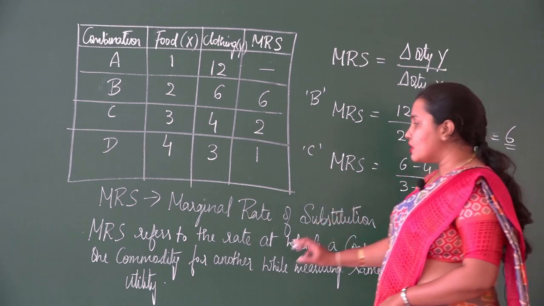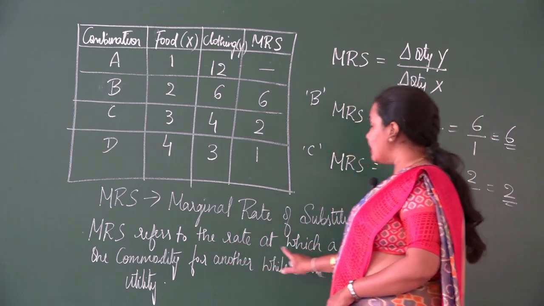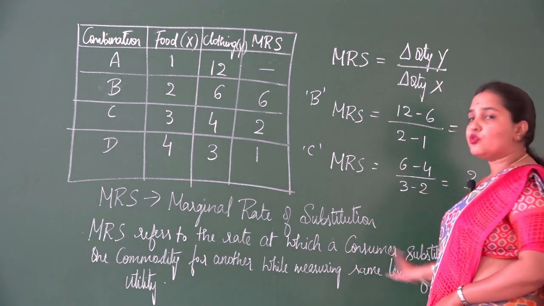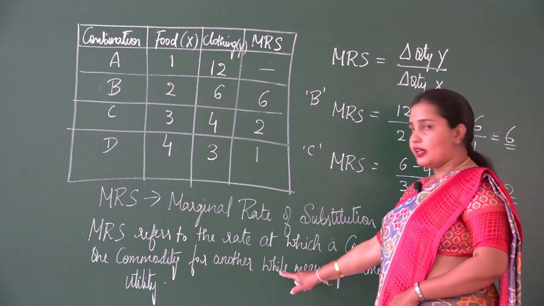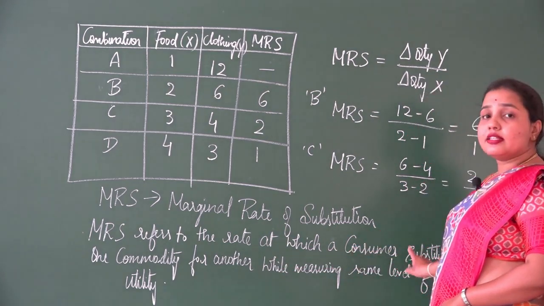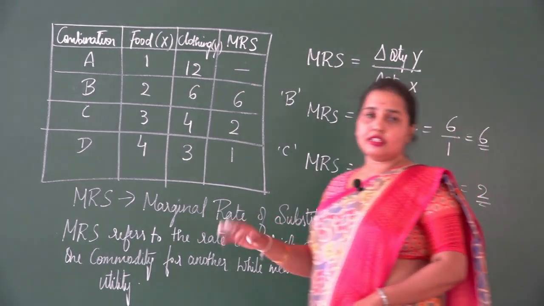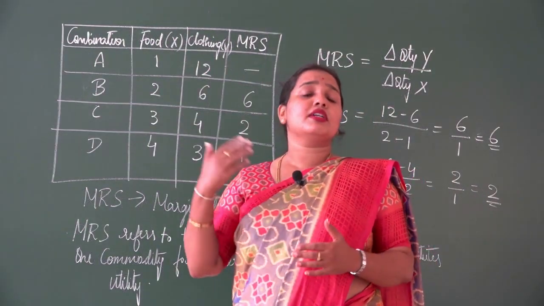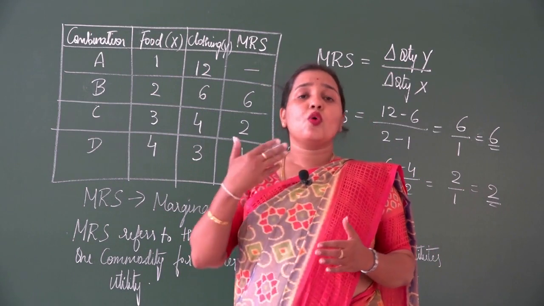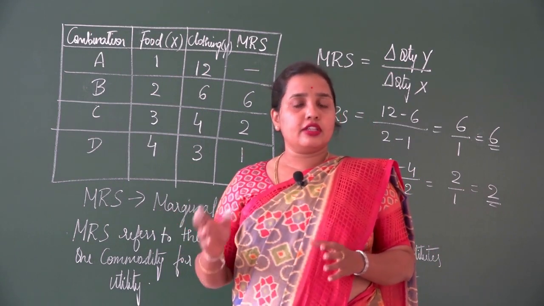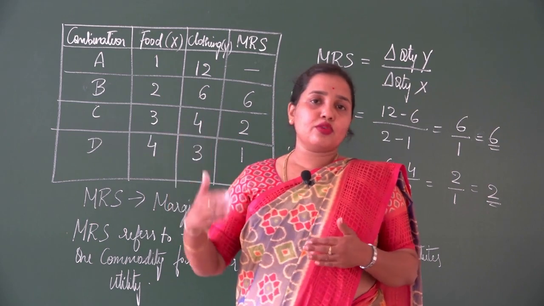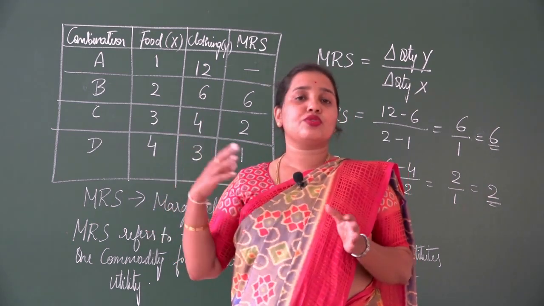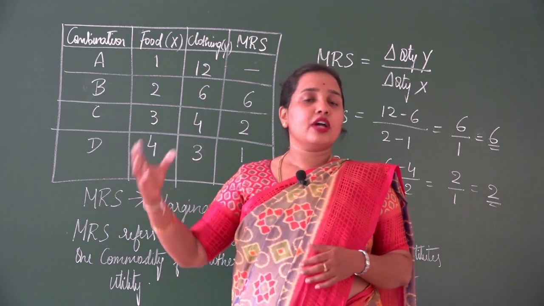Marginal rate of substitution refers to the rate at which a consumer substitutes one commodity for another while maintaining the same level of utility. To put it in other words, it is the rate at which the consumer is ready to sacrifice one commodity for another. In order to have one extra unit of a particular commodity, he has to forego some units of the other commodity.